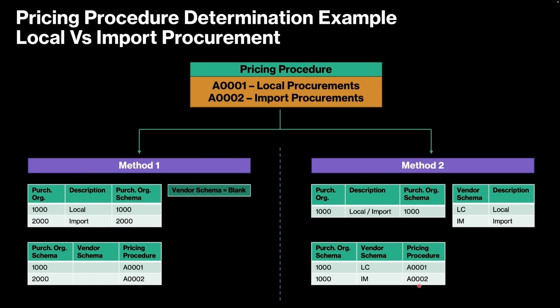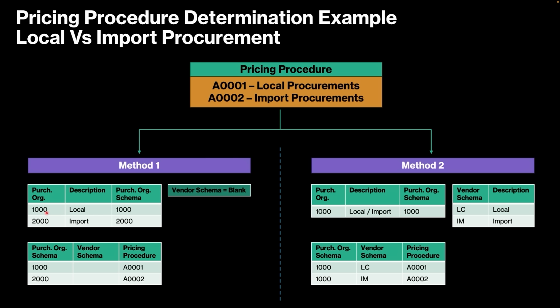In method 1, you have two separate purchase organizations which are for local and import procurement, which are assigned to two different purchase organization schemas, and here you can keep the vendor schema as blank. That is, you will not enter any vendor schema in any of the vendors that are created in your organization, and you will configure against these two purchase organization schemas only, keeping the vendor schema as blank, and the pricing procedure will get determined as per the purchase organization which is entered in the purchase order.